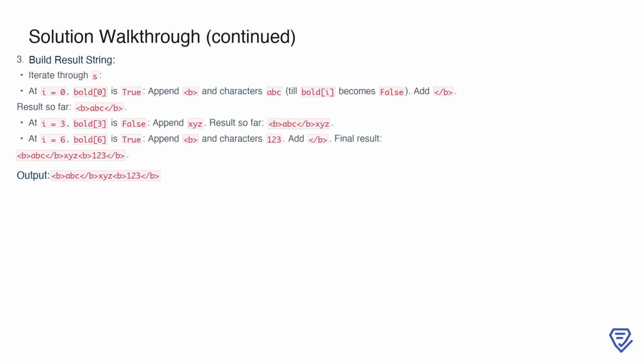At index 3, the bold value is false, so we append the characters XYZ without any tags. Then at index 6, the bold value is true again, so we add another B tag and include the characters 123 before closing with a /B tag. The final result is <b>ABC</b>XYZ<b>123</b>, which correctly wraps the specified words in bold tags while leaving the rest of the string untouched.